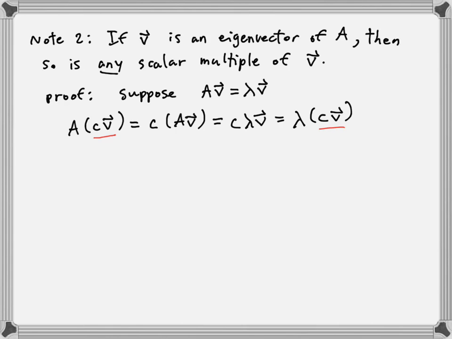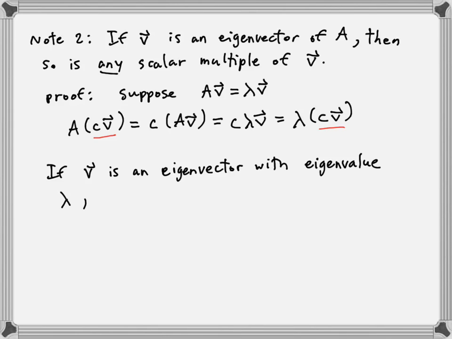So let's write this down. If V is an eigenvector with eigenvalue lambda, then V corresponds to a set of eigenvectors.